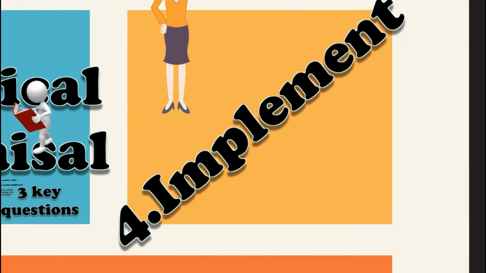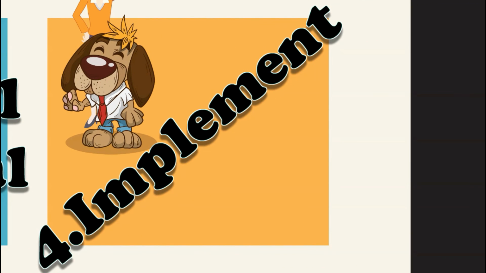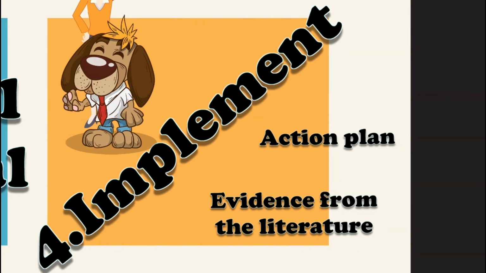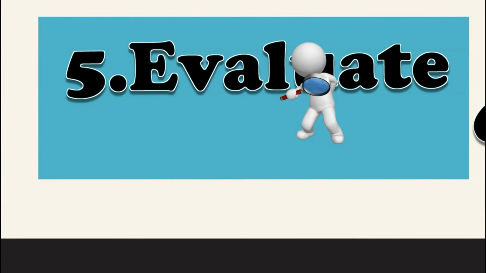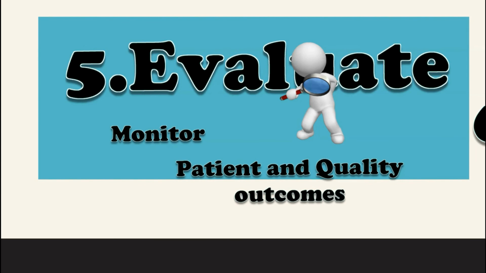Next up for our framework is the fourth step, which is called implement. For implement, we need to implement findings by creating an action plan based on evidence from the literature. And now let us have our second to the last framework step, which is called evaluate. After implementation, it is a must to monitor and evaluate patient and quality outcomes.